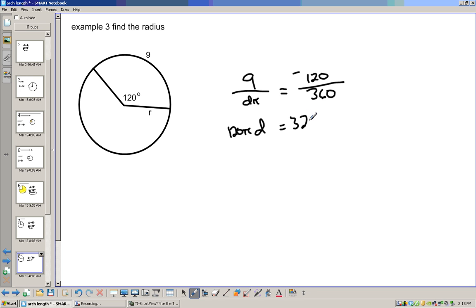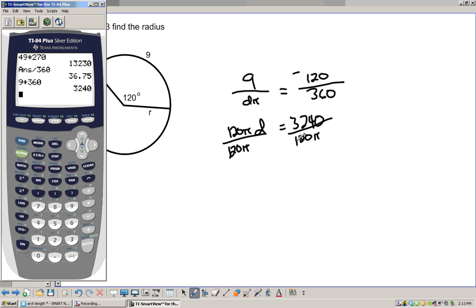Okay, so now I'm going to divide by 120 pi. Now, for me, I'm going to go ahead and go 120 pi and get that answer, since pi is on the bottom.